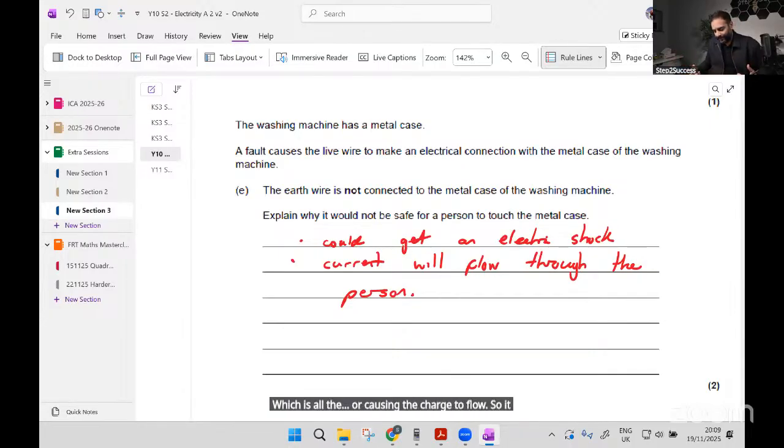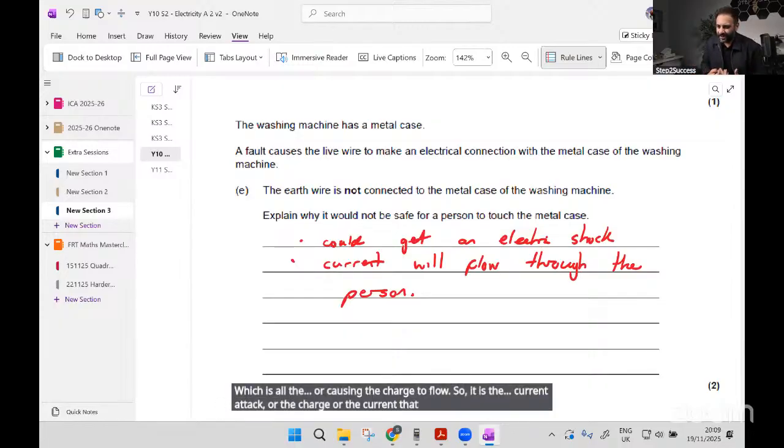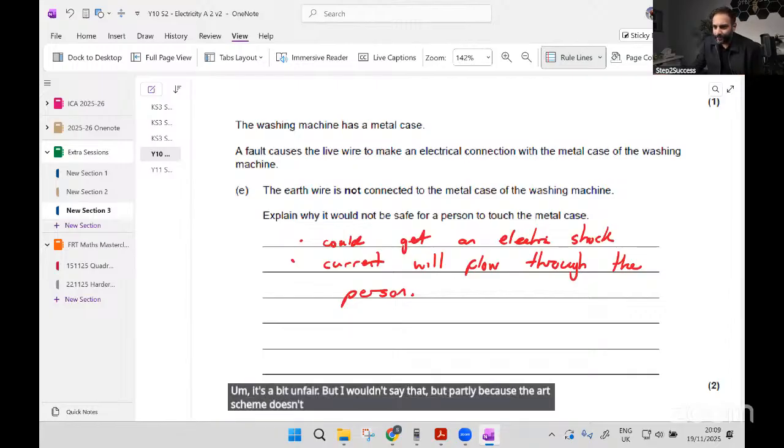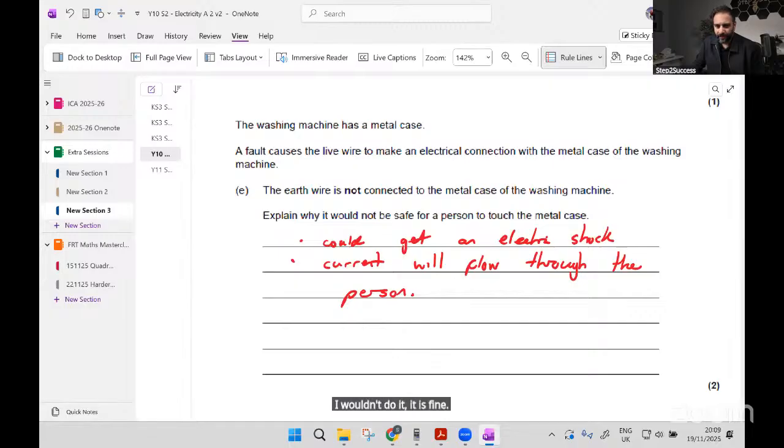So it is the charge or the current that's actually flowing through. I wouldn't say the voltage flows through the person, by the way. Oh no, sorry, I'm having a look at the mark scheme now. It says allow because there is a potential difference across the person. Yeah, it works. You'd be fine. I wouldn't do it, but it is fine according to the mark scheme.